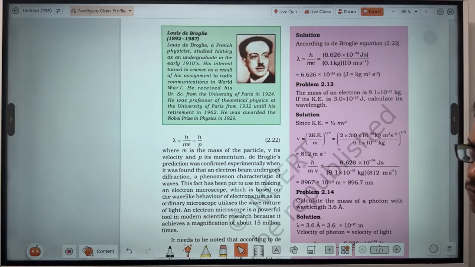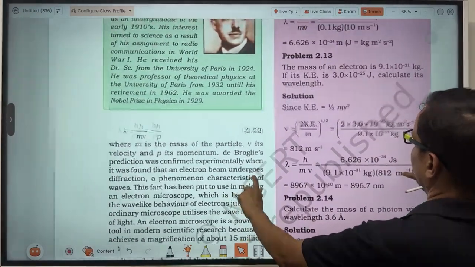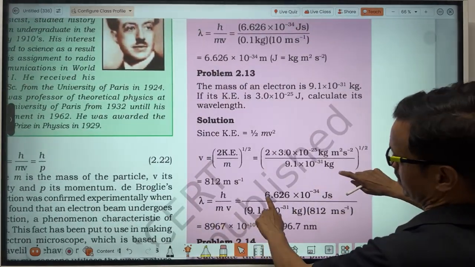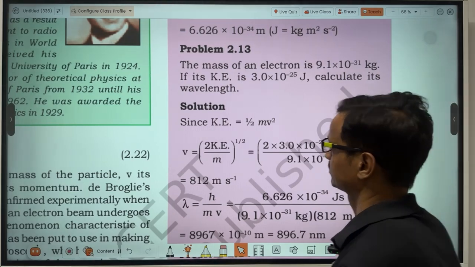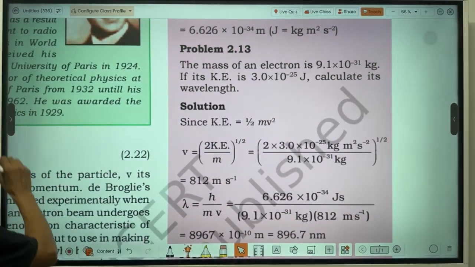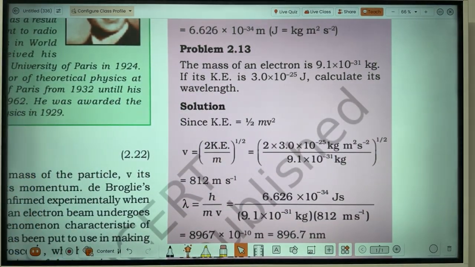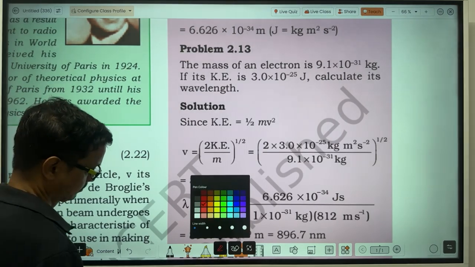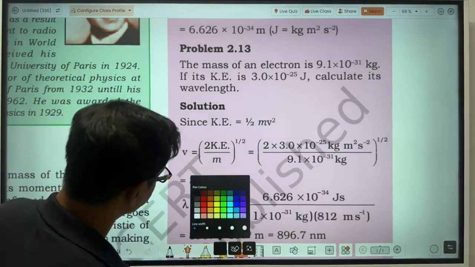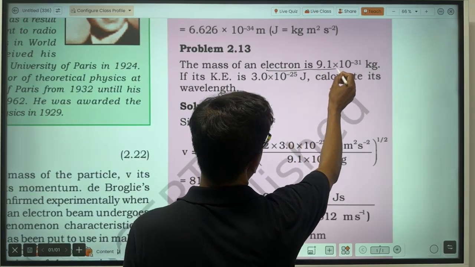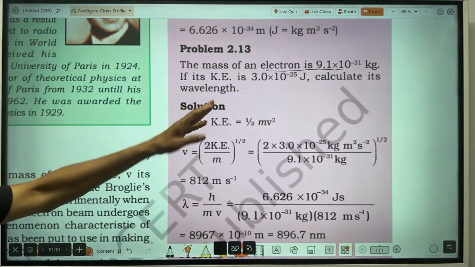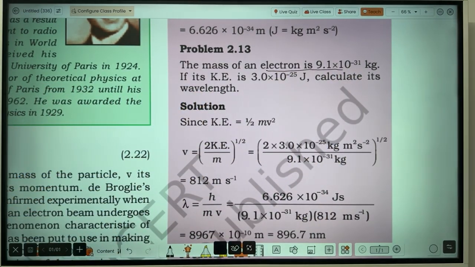Now let's see question number 2.13. The mass of the electron has been provided, the kinetic energy has also been provided, and it asks for the wavelength.